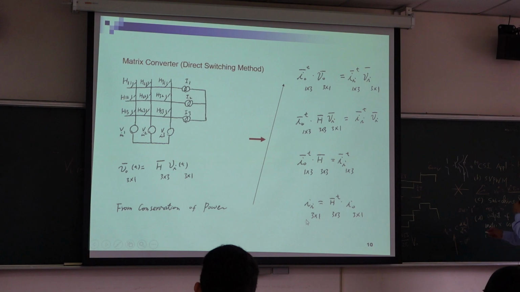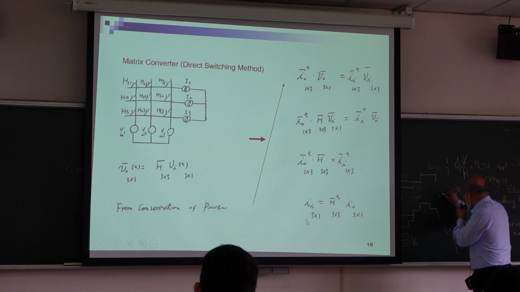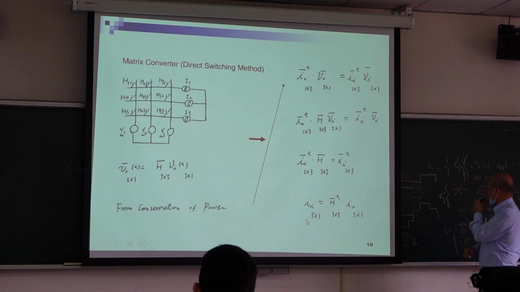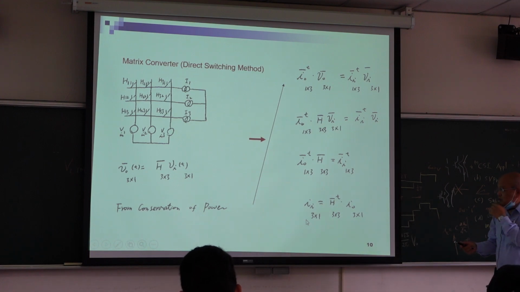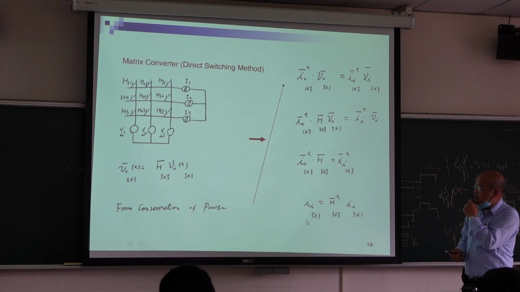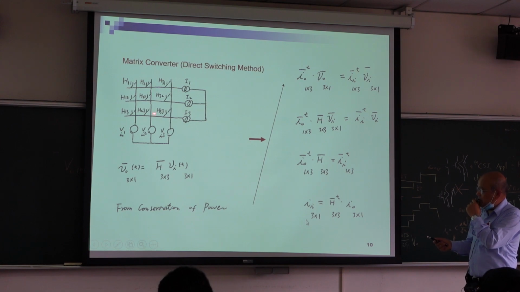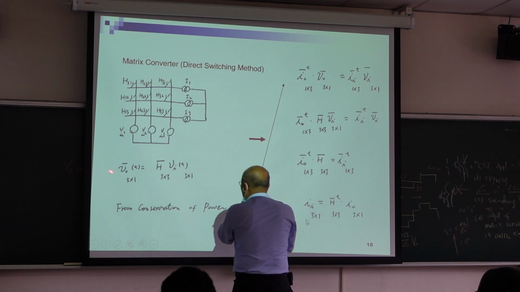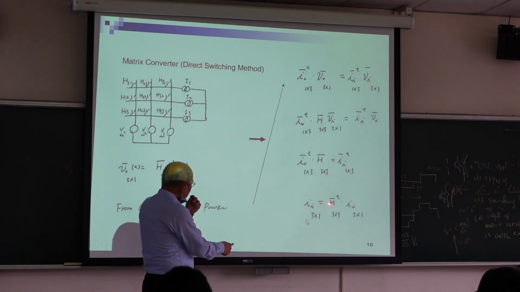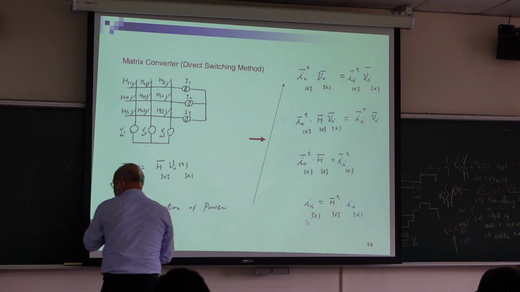Can you use a MOSFET? With a MOSFET, you always go this way, drain to source, but you cannot go back. So you have to use an AC switch. We will discuss what an AC switch is. Then you can create your output voltage and your input current.